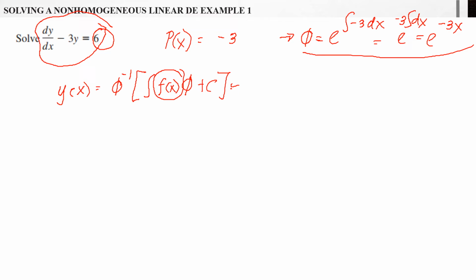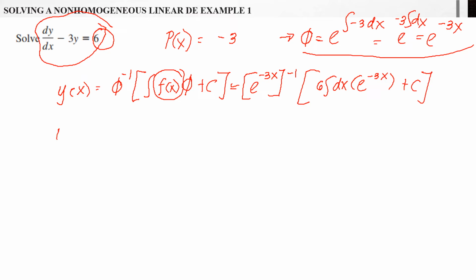Substituting e to the negative 3x, and that we have phi negative 1 multiplied by the integral. We took outside the constant, so we have dx here multiplied by e to the negative 3x, plus c.